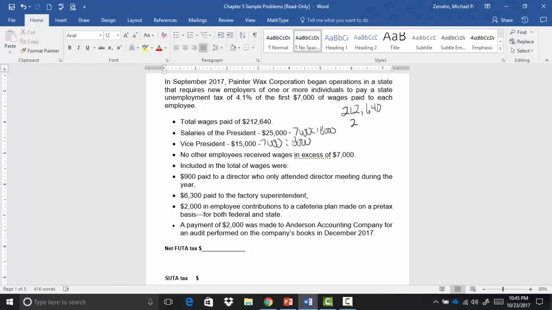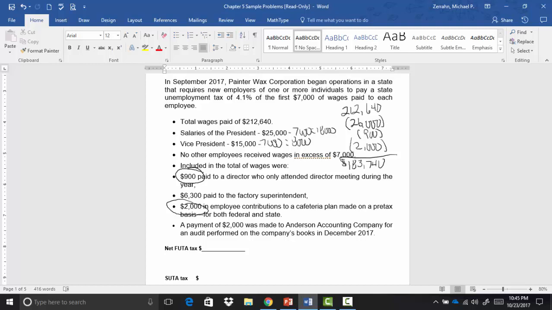So that's $26,000 that we do not have to pay on. Money paid to the director, we do not have to pay unemployment on. And the $2,000 for the cafeteria plan, we don't have to pay unemployment on that. So that brings our total amount down to $183,740.